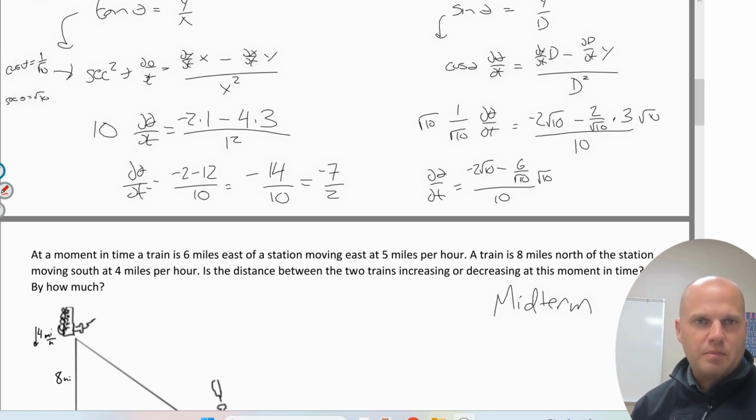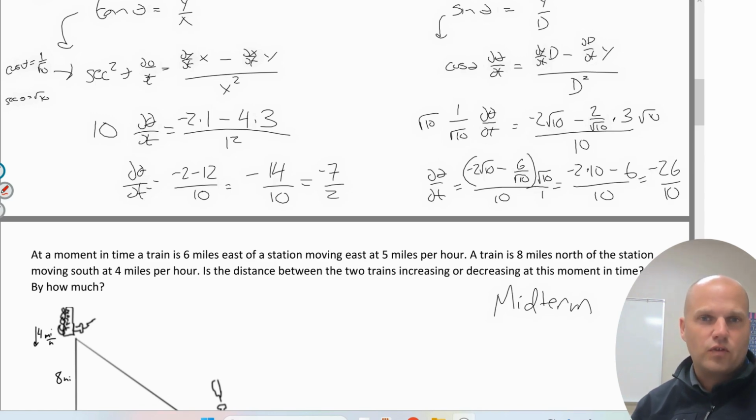I'm going to distribute it into the top because it's like root 10 over 1. I get -2 times root 10 times root 10 is 10, minus 6, over 10. That's -26 over 10. Divide.